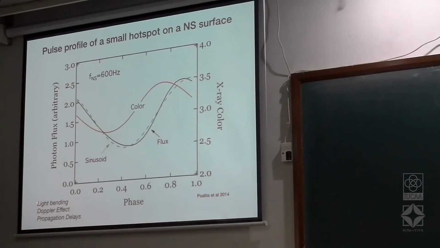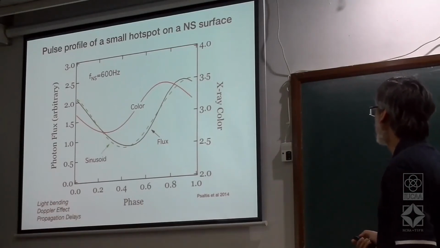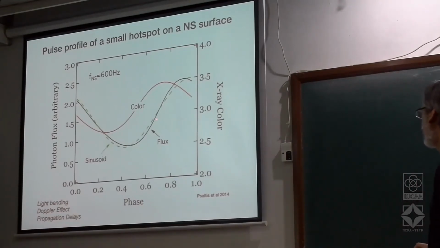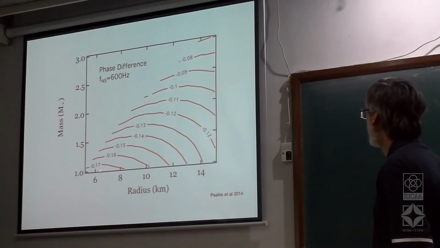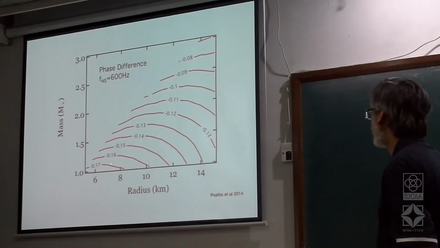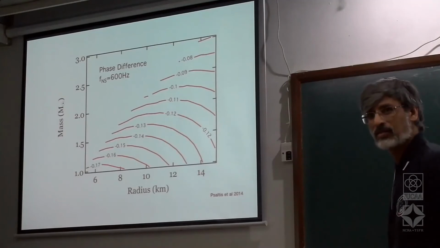So you have to take into account light bending, Doppler effect, propagation delays, all of that, and then look at the pulse profile. And you can see that the color and the flux have some phase difference. And this phase difference depends on radius and mass.